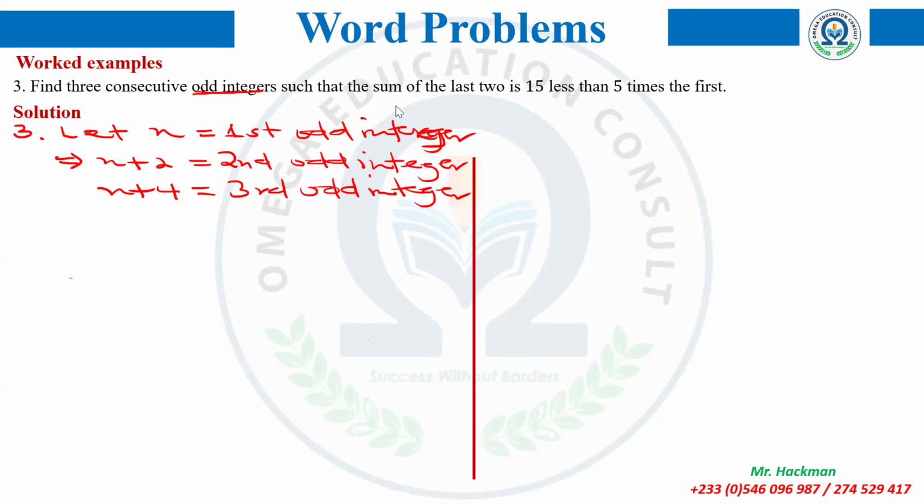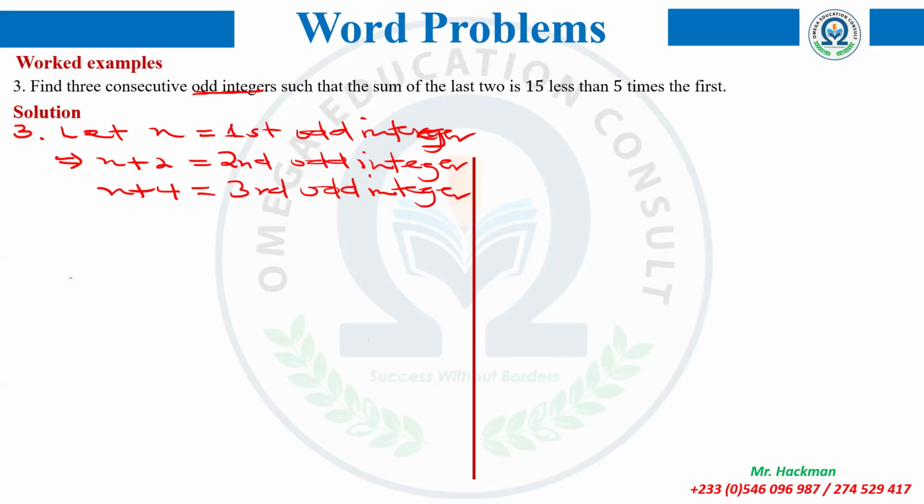We are told that the sum of the last two is 15 less than 5 times the first. The sum of the last two. So the last two will be x plus 2 and x plus 4. Do you agree?